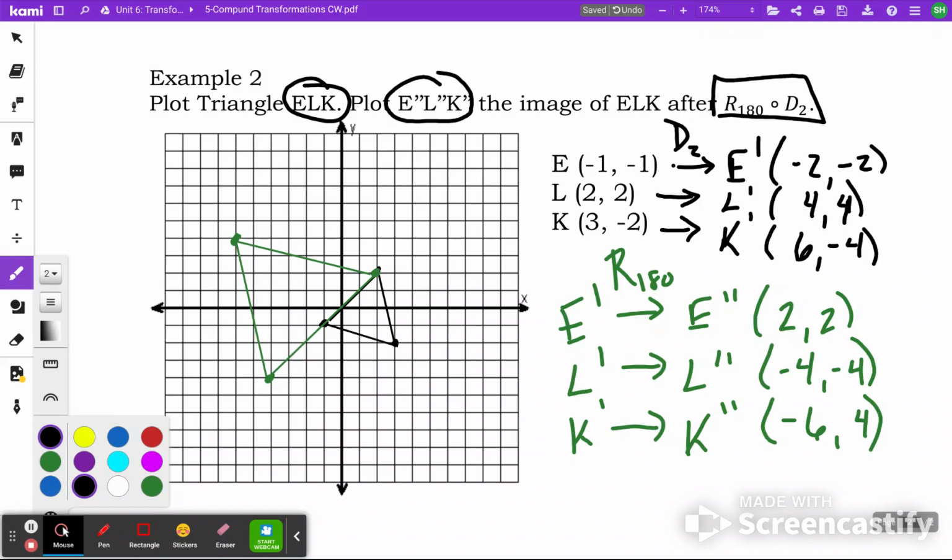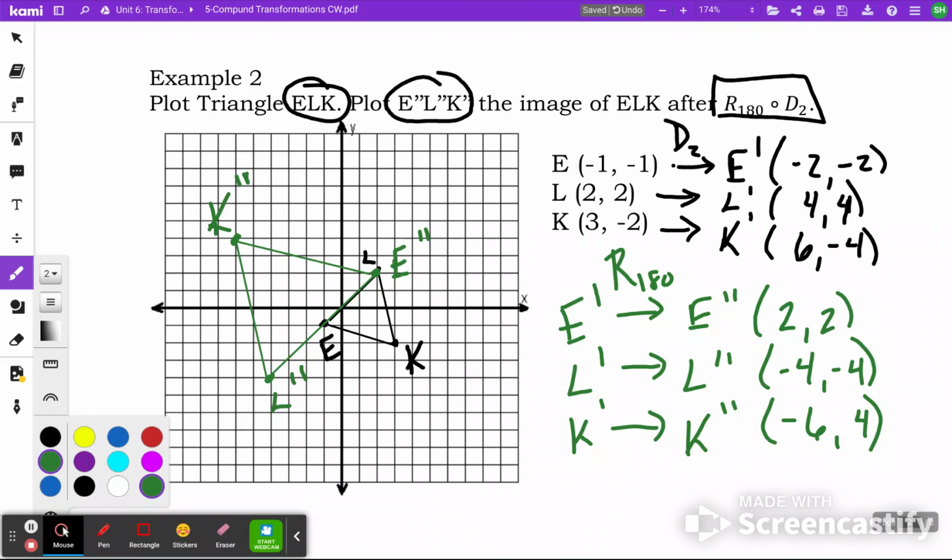We had E here, we had L here, and K. But then that L was also the location of our new E. So this is E double prime. Then I have L double prime towards the bottom left and K double prime to the upper left.